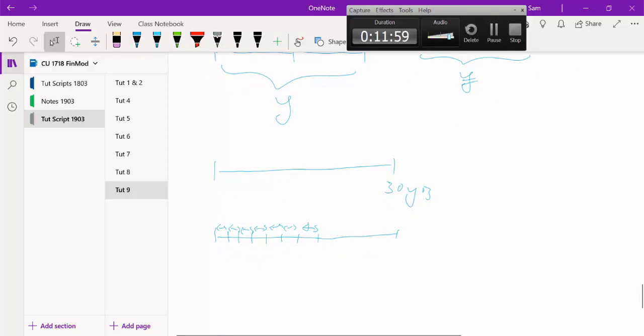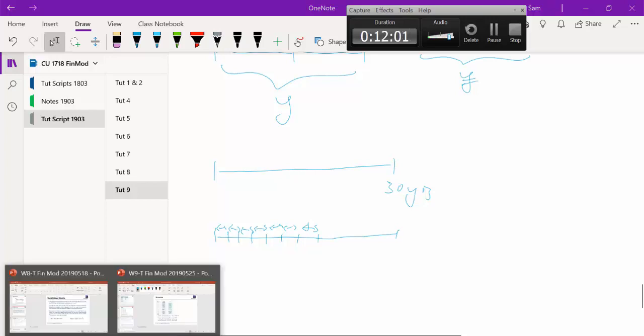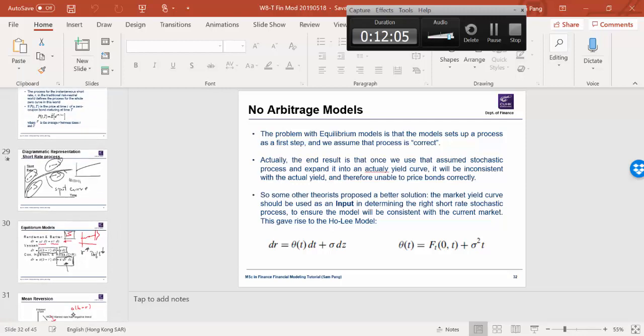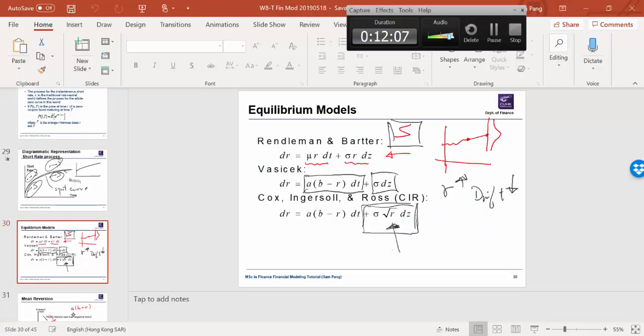Now, if I can just go back a bit. I said to you that this is the equilibrium class of models.